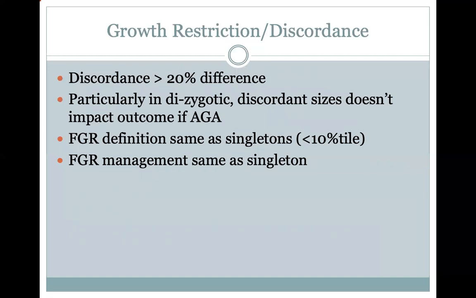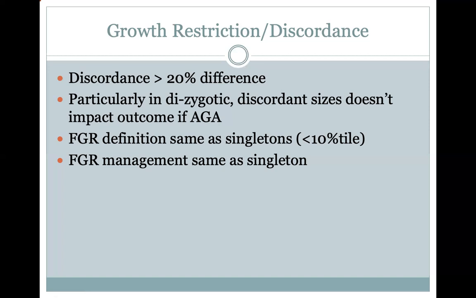So a difference in size doesn't mean that there's something bad or that there's going to be a poor outcome. And that's just important to understand, that we don't intervene for delivery just based on the difference in sizes. It may increase our monitoring of the patient, but it may not change our delivery planning.